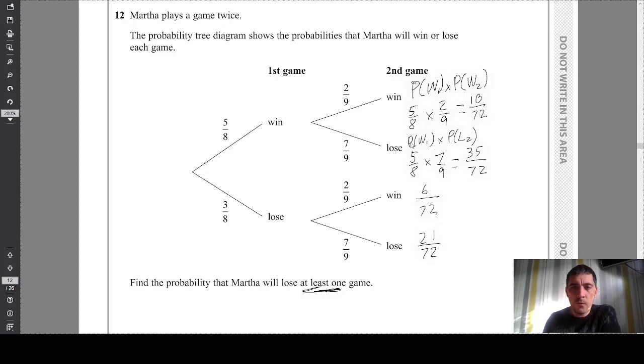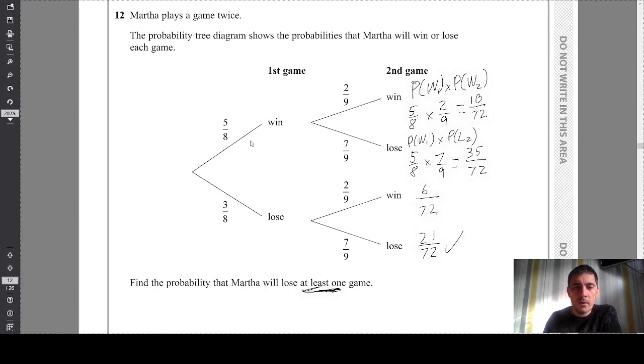So now we've got each individual probability, and it asks find the probability that she will lose at least 1 game. Okay, so she will lose at least 1 game if we follow lose-lose. So we can take this.